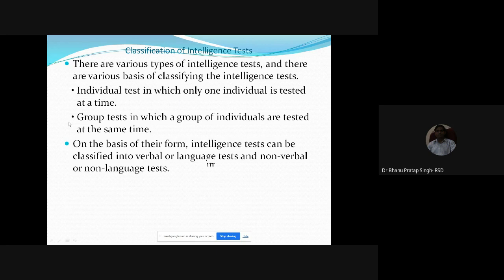So individual test may be there, that may be the group test, and based on the necessity, intelligence tests may be verbal tests, non-verbal tests. So there are various kinds of tests available in the psychological lab to measure the intelligence of the child.